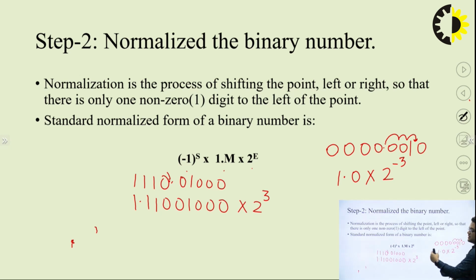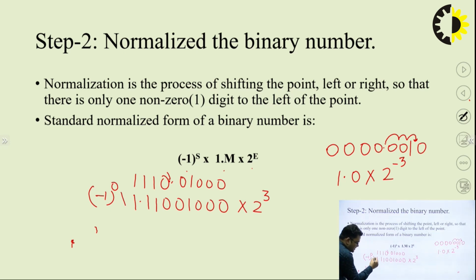If we are shifting our point left side, then the exponent will become positive, and if we are shifting this point towards right, the power will become negative. Also this number is positive, so we can associate minus 1 raised to the power 0, because any number to the power 0 becomes 1. So minus 1 raised to the power 0, multiplied with this, multiplied with this.